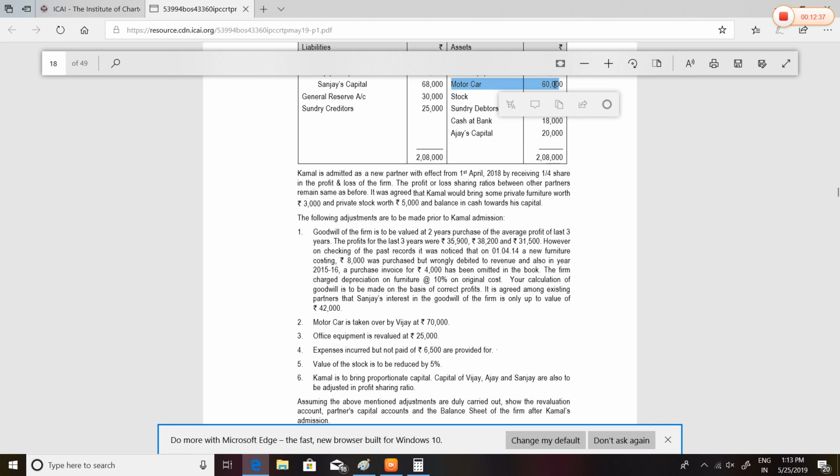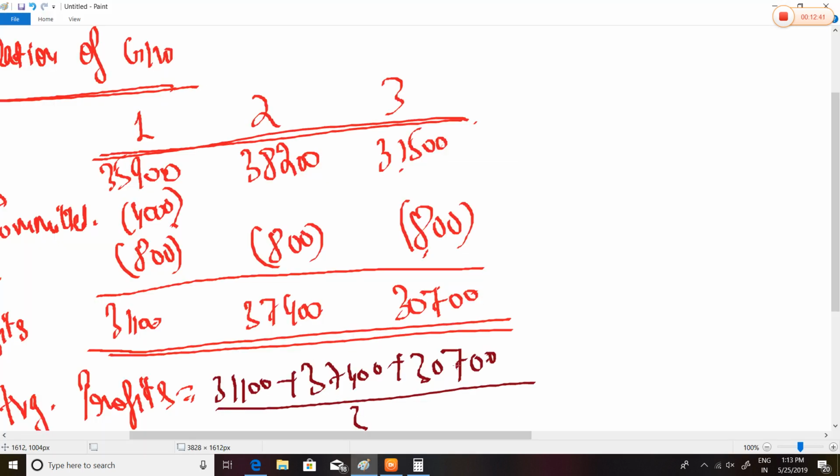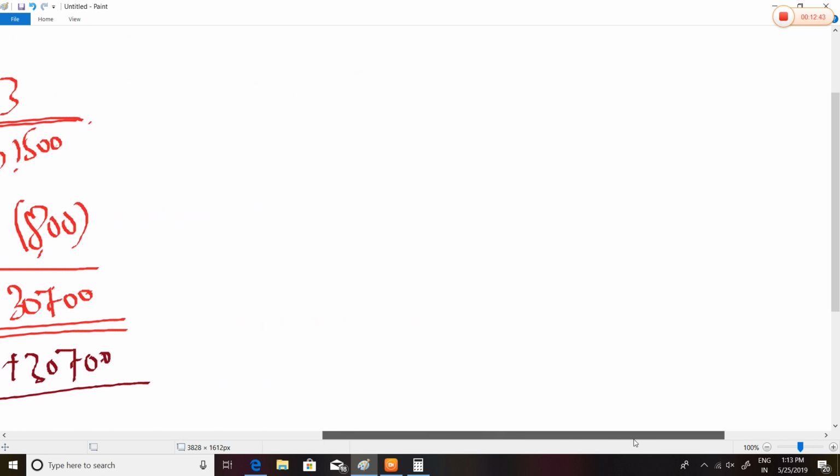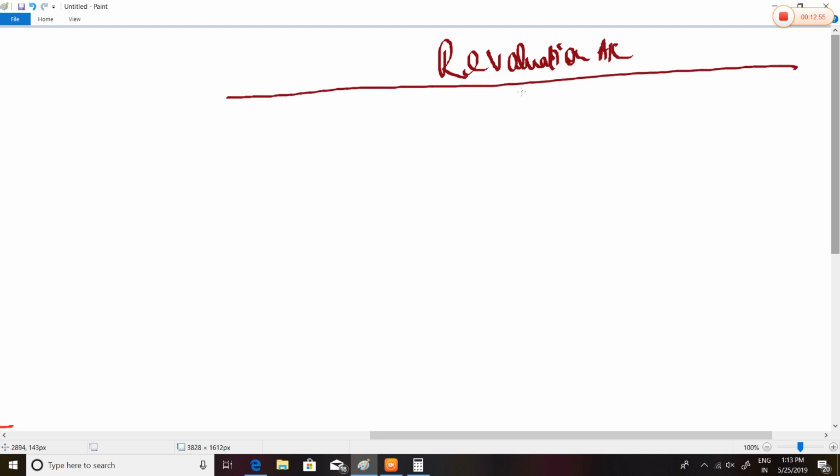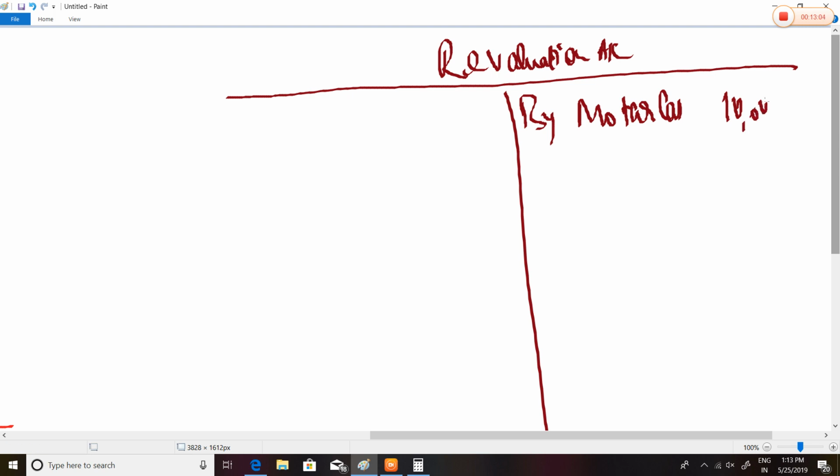So in the revaluation account, when you make the revaluation account, by motor car, 10,000.